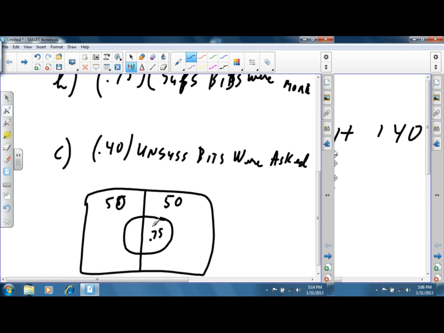Well, they all have to be in here, because if I'm not selected, okay, so in here, these are the guys that are asked, inside that circle.